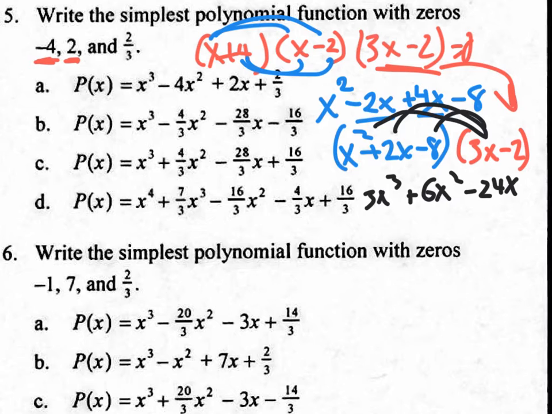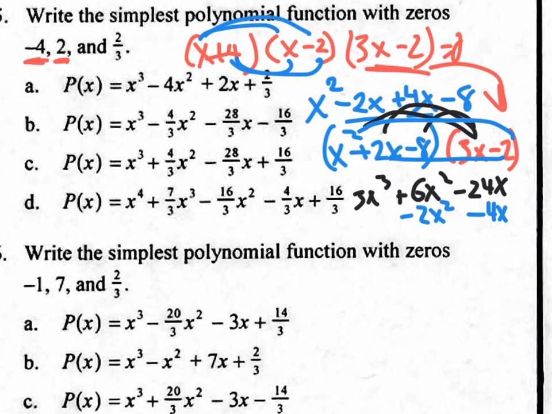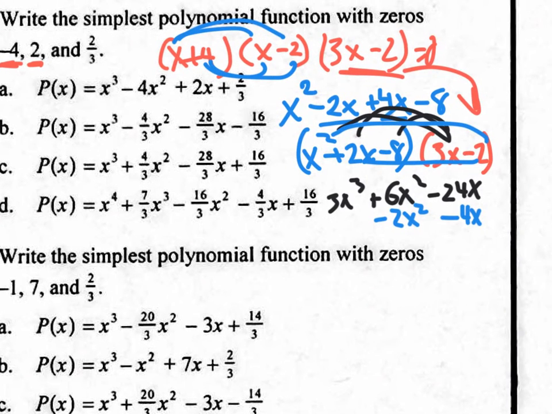And then let's distribute -2 times x squared, that's going to be -2x squared. I might as well write it right below the other x squared. And then -2 times 2x, it's going to be a -4x. And finally, last but not least, -2 times -8, and that is positive 16.